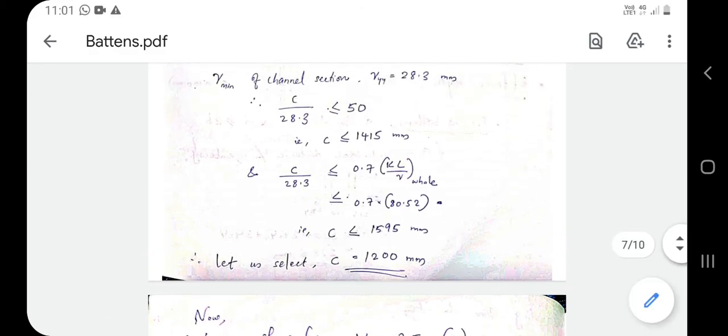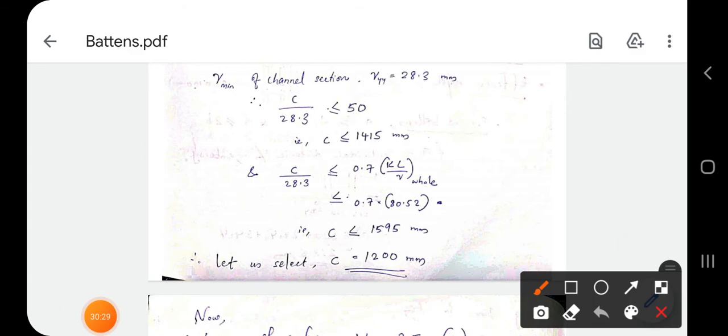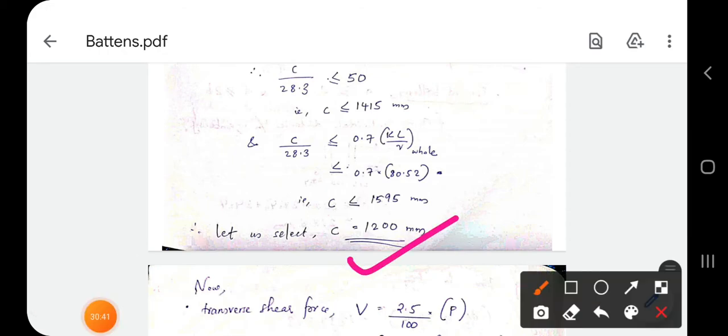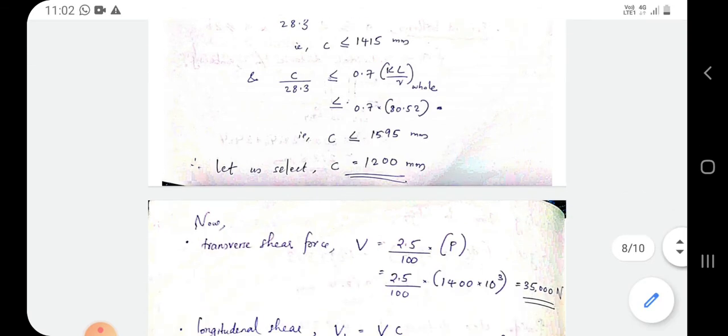Taking the lesser value, we got 1415, so it should be less than 1415. So we took a value of C as 1200. Just don't make a mistake here, the spacing should be less than these values. Okay, so take 1200 mm.